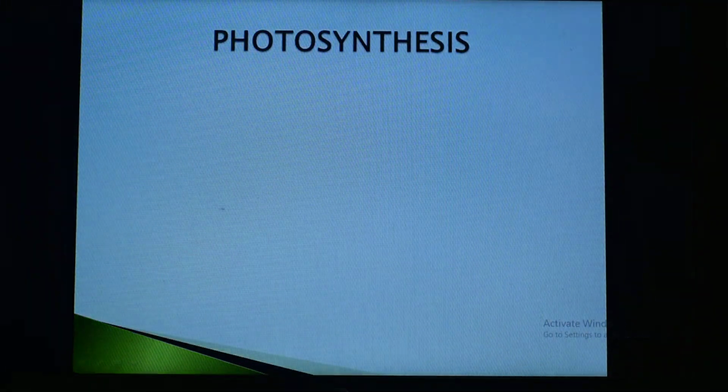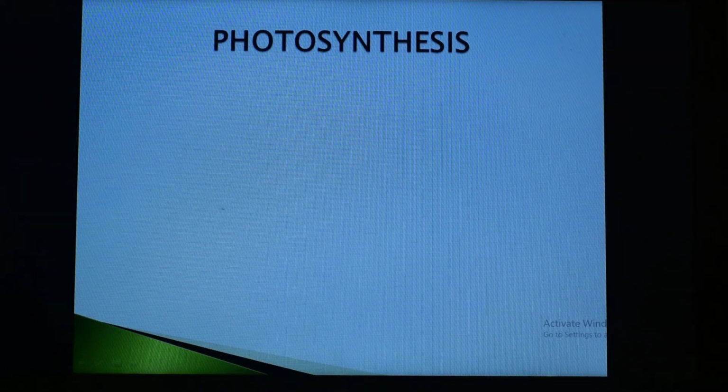Photosynthesis. Green plants are autotrophs and synthesize their own food by the process of photosynthesis. The green plants make their food from simple inorganic substances like carbon dioxide and water in the presence of sunlight.